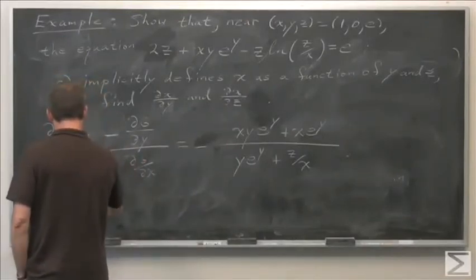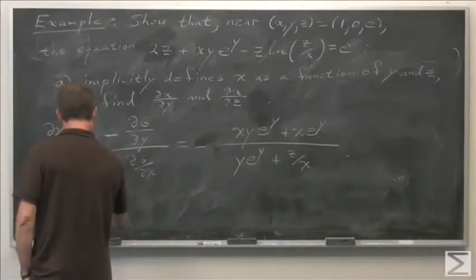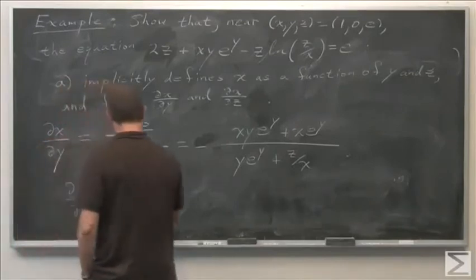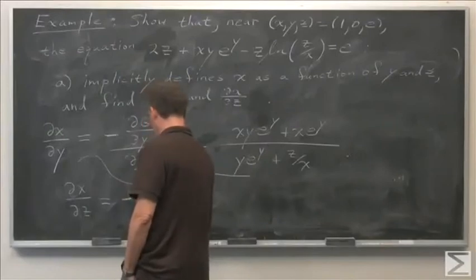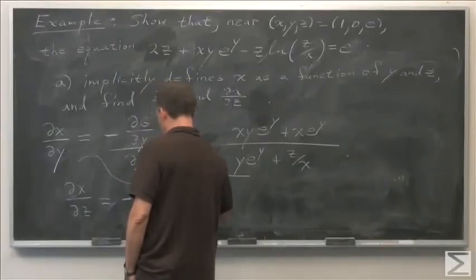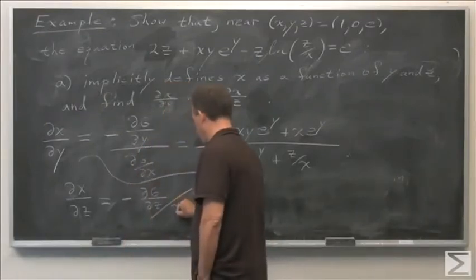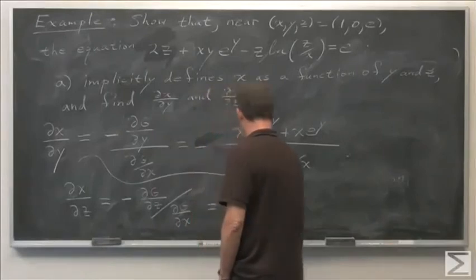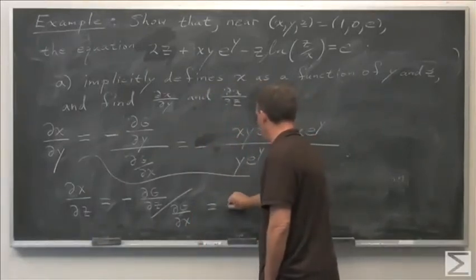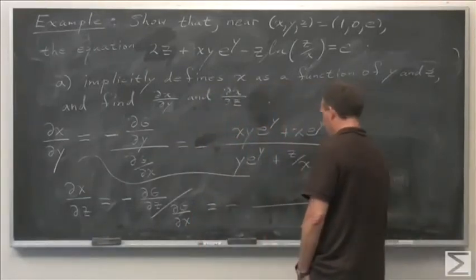What's the partial derivative of x with respect to z? Well, you get negative the partial derivative of g with respect to z, divided by the same thing, the partial derivative of g with respect to x. So again, we get this negative sign. You get the same denominator.